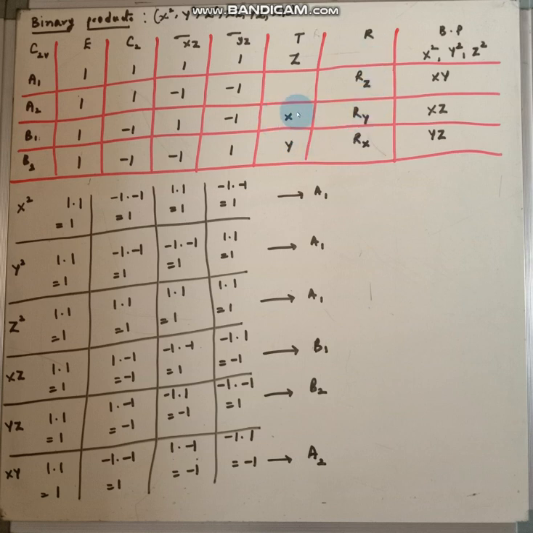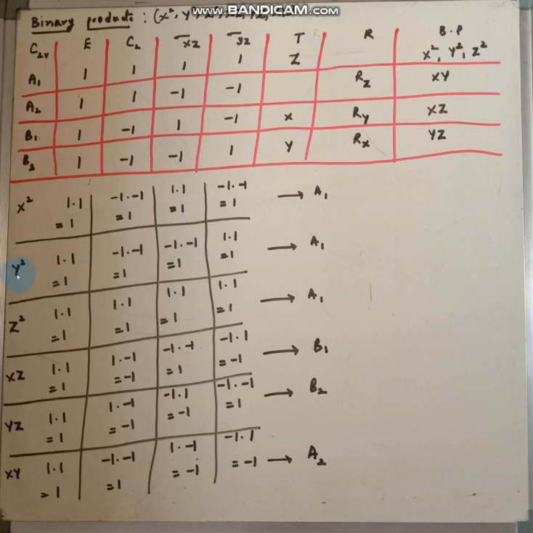I'm concerned about the translation vector x. x into x is x square. I can write 1 into 1 for E, minus 1 into minus 1 for C2, 1 into 1, minus 1 into minus 1. That is, I should take the irreducible representation B1 and multiply it 2 times.